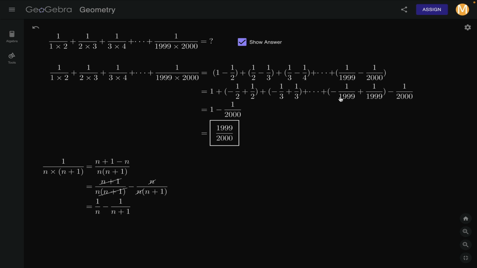And last here, before this, it is minus 1 over 1999 plus 1 over 1999, and lastly minus 1 over 2000. All of the same with the opposite sign will be cancelled out to 0. All of them will be 0, and the remaining will be 1 minus 1 over 2000, which will be this.